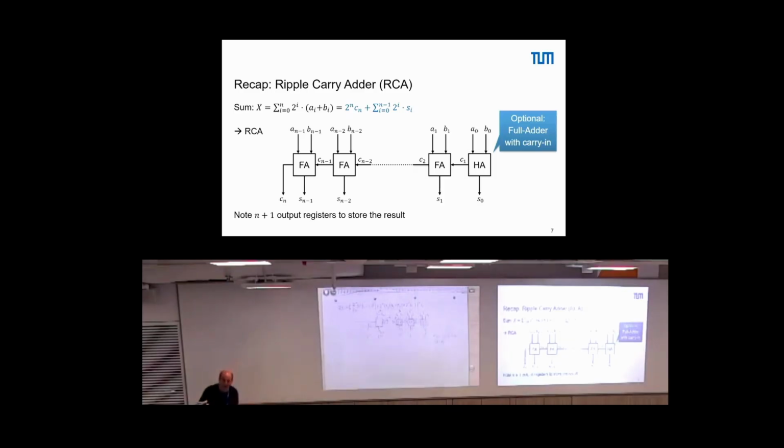I want now to have a structure that allows me to have either addition or subtraction. So this here is only add. Here we have add, subtract. We have our half adder, full adder, and so on.